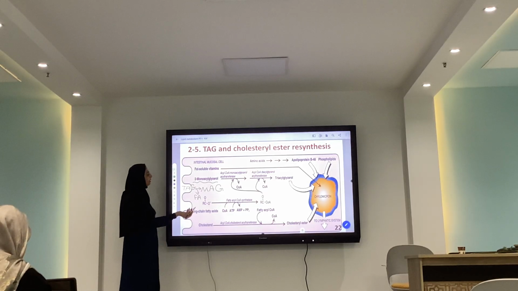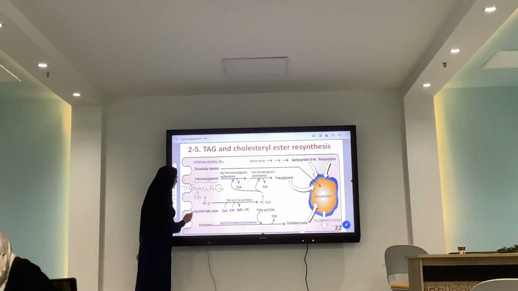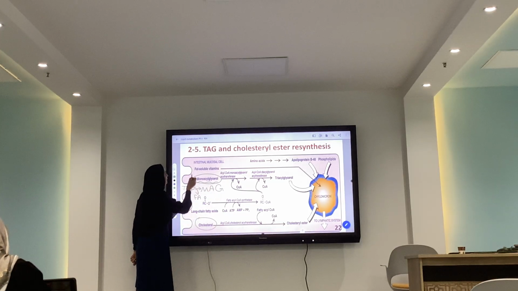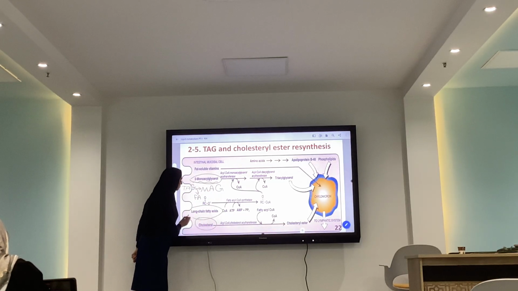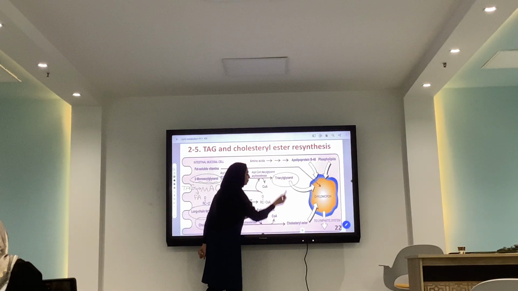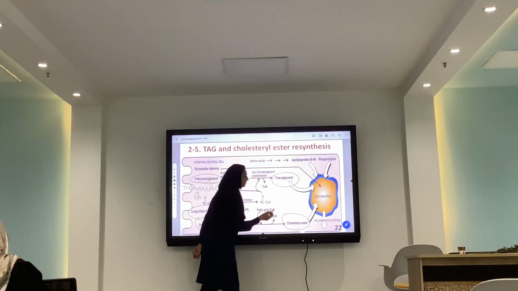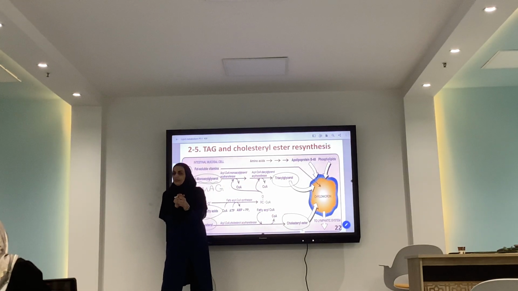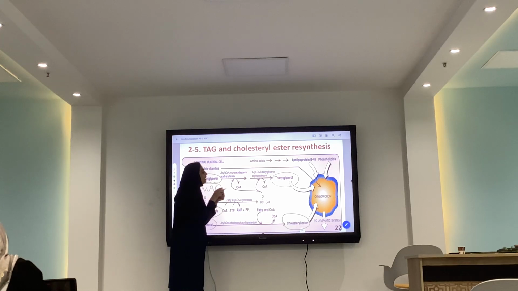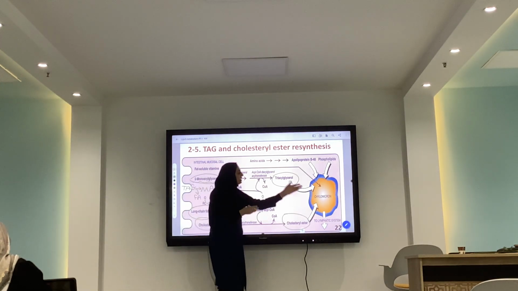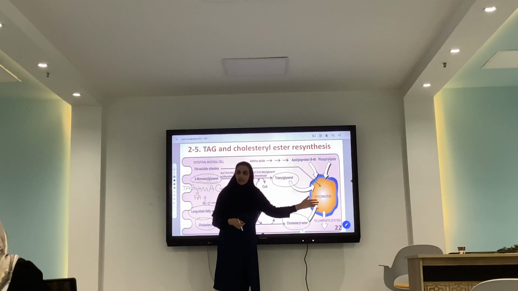What is happening? These fats that were digested, that were broken down somehow, again gather together. The fats are renewing, regenerating. For what? They want to enter the blood circulation.